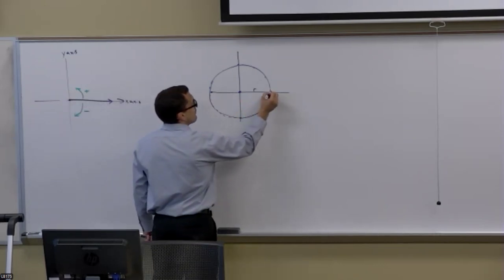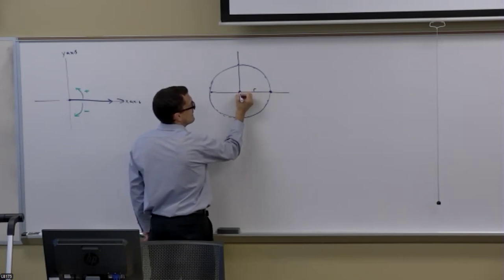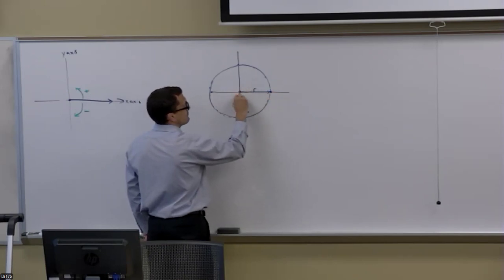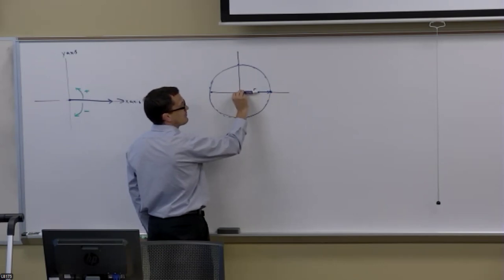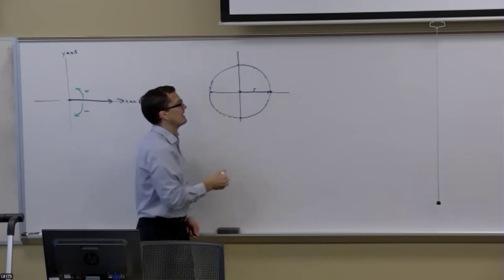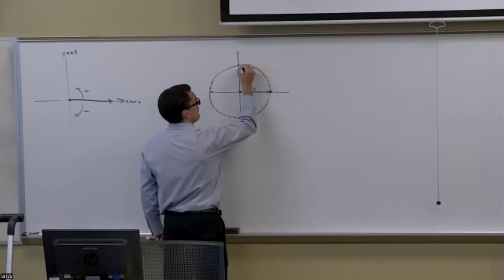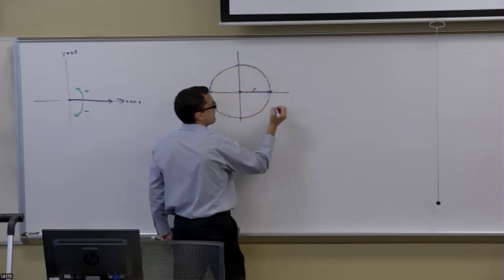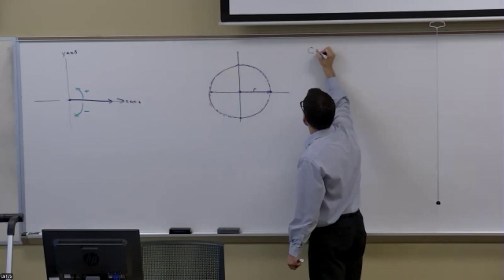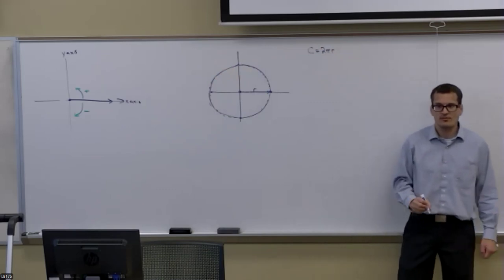The radian measure of an initial ray starting here and going around the circle all the way gives me a radian measure of 2 pi. If I take this point and move it all the way around the circle, the distance it's moved is the circumference, which is 2 pi times my radius, whatever my radius is.